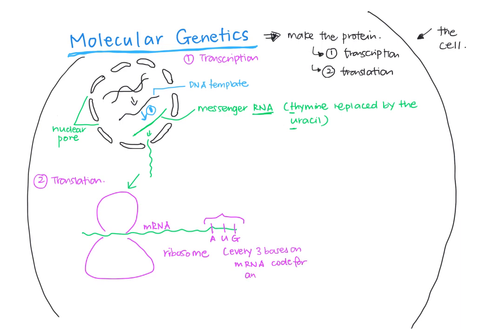Code for an amino acid. A lot of you like to jump the gun. Straight away you will say it makes a protein. No, the protein is not so easily made. It's huge. You make it from the most basic unit first. Make the amino acid first. So every 3 of them will code for 1 amino acid.